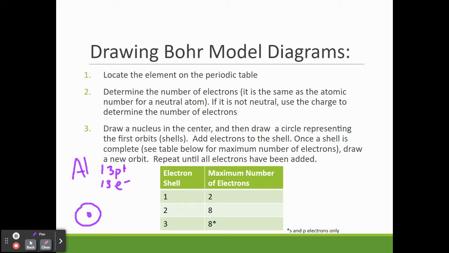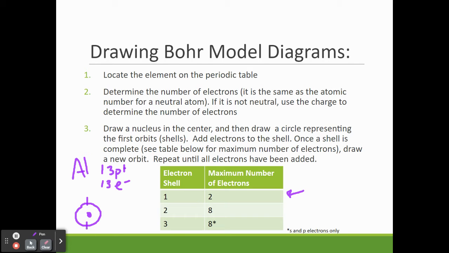But our first electron shell, our first energy level, can only hold a maximum of 2 electrons. So I'm going to add my 2 electrons into there. And I'm just going to add them as little dashes because it's quicker and easier to draw. So what I now have is my nucleus, and I have my 2 electrons in that first energy level. This energy level is now full.